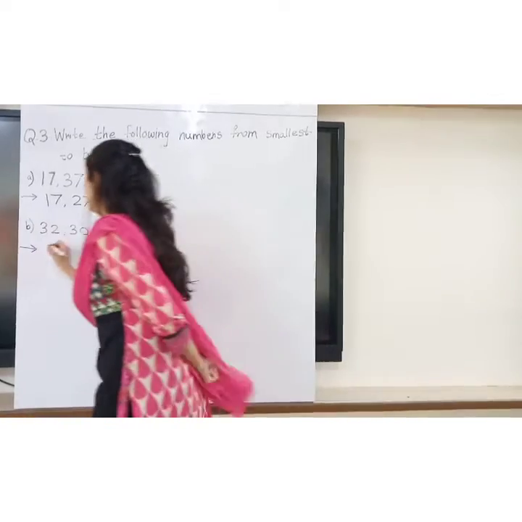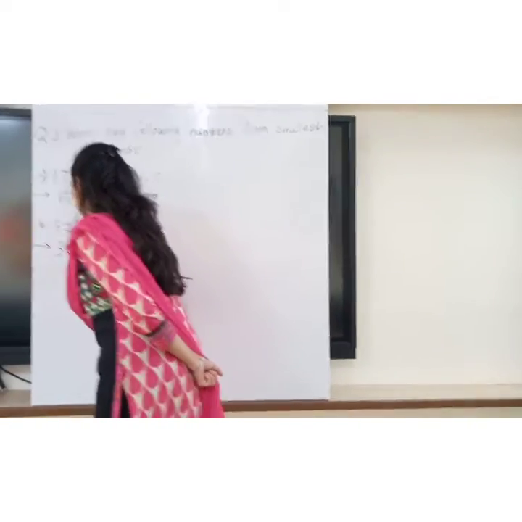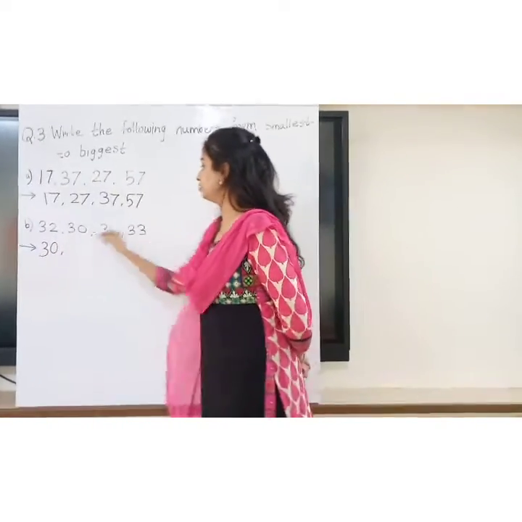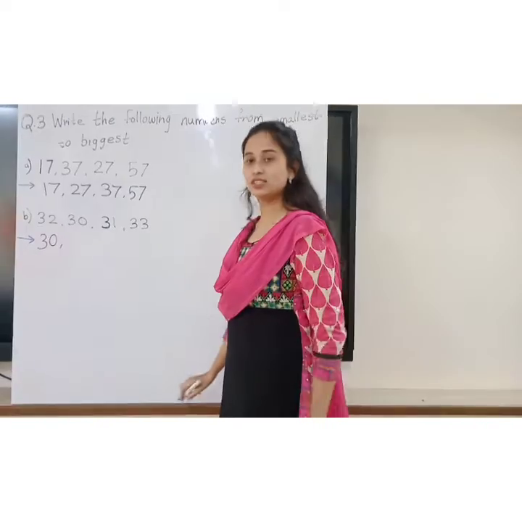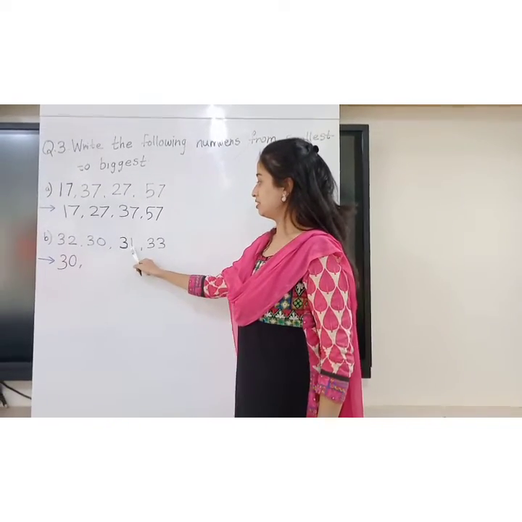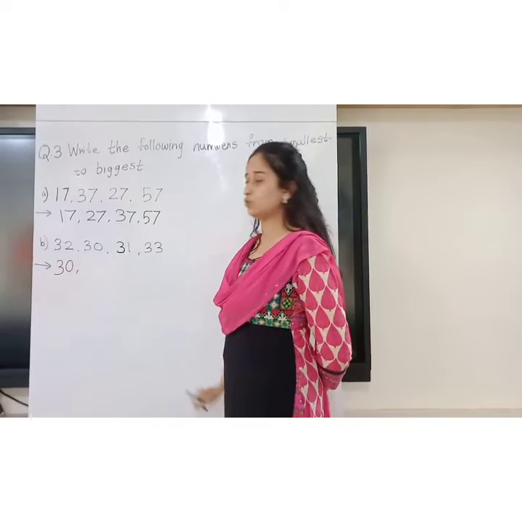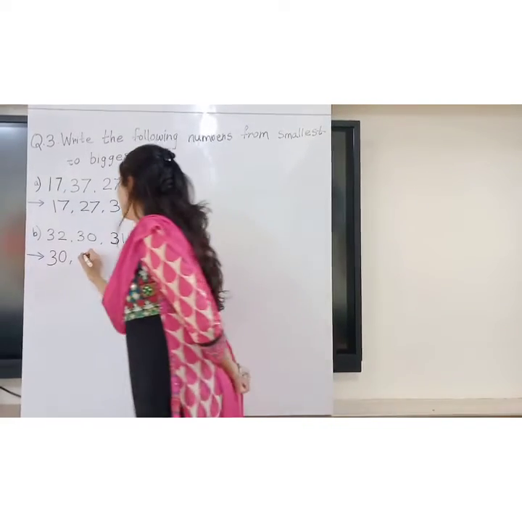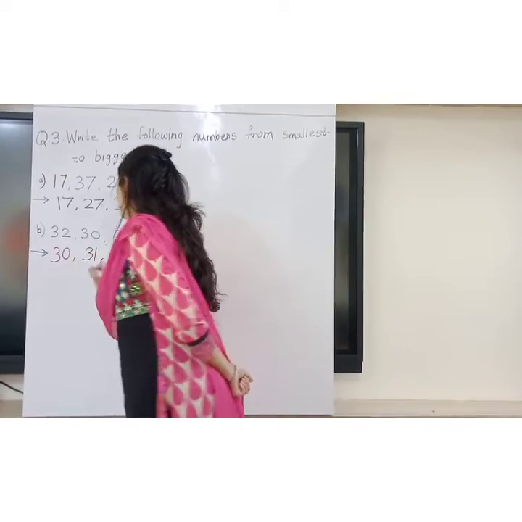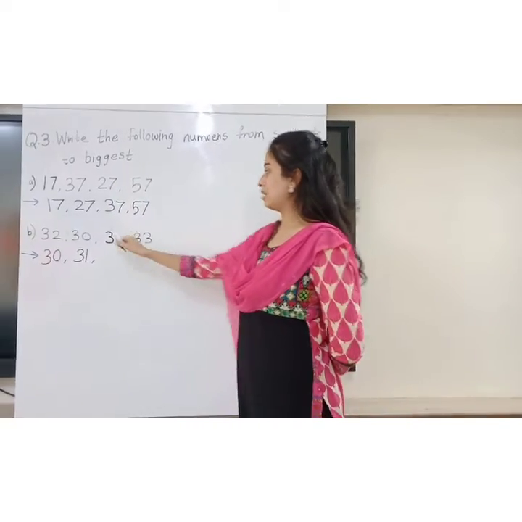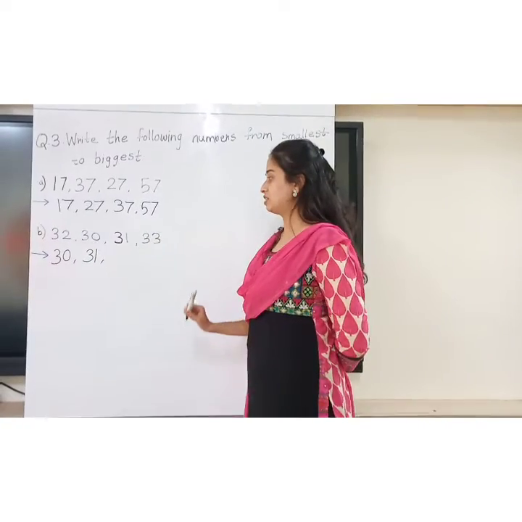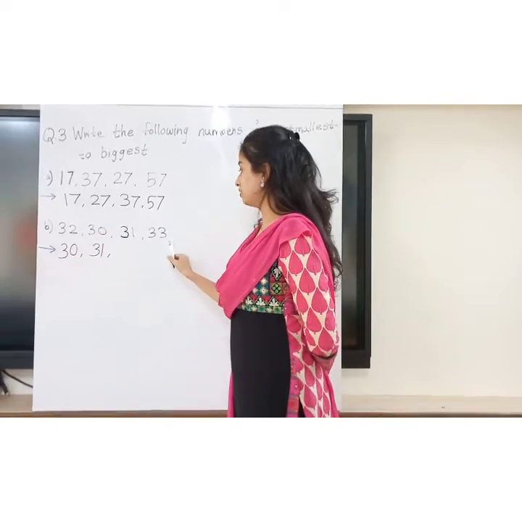30. So I will write 30. Then out of 31, 32 and 33, which is the next smallest number, with the 1 at its units place, is 31. So I will write 31 next. Then now we have 32 and 33 left. Now see the units place once again.